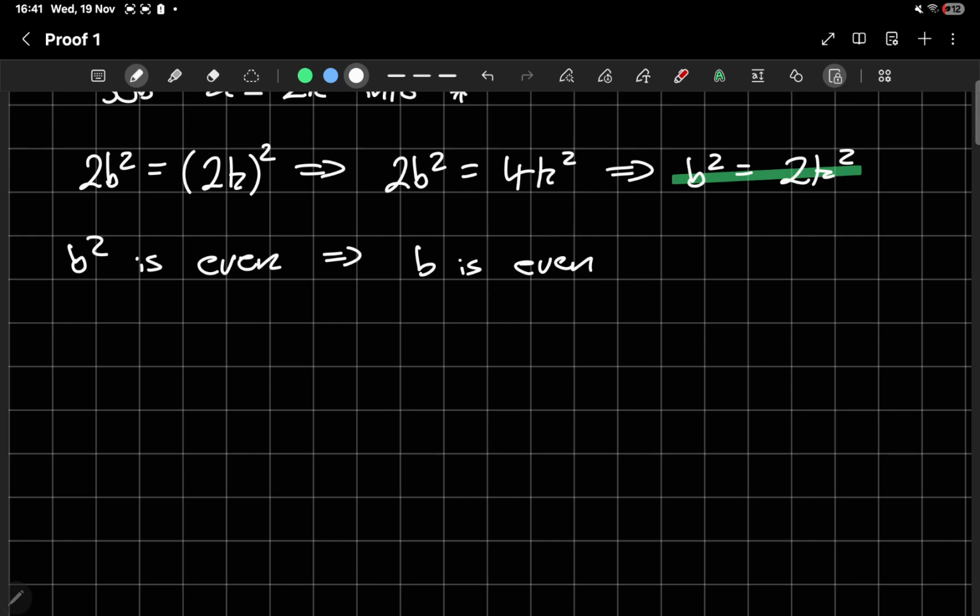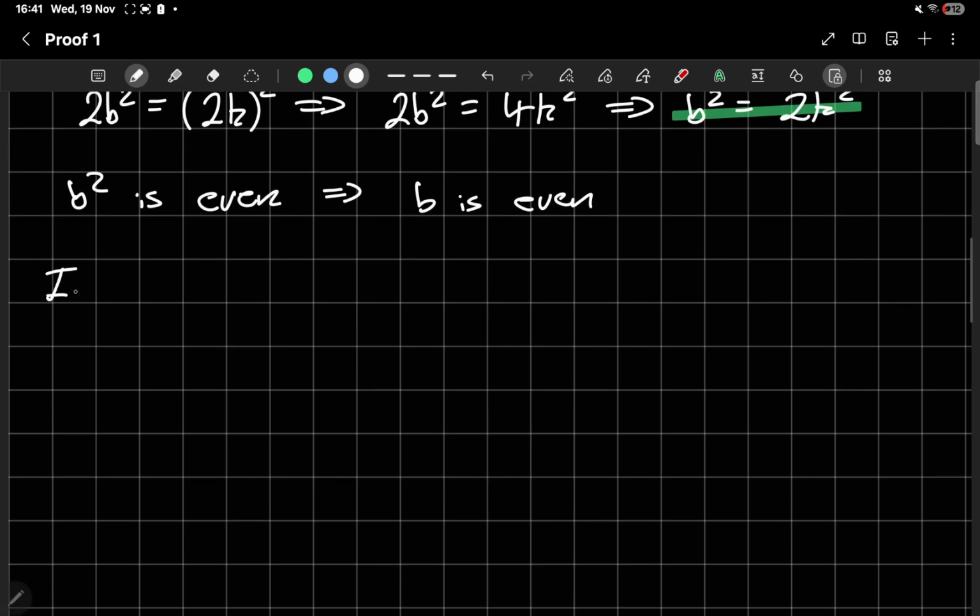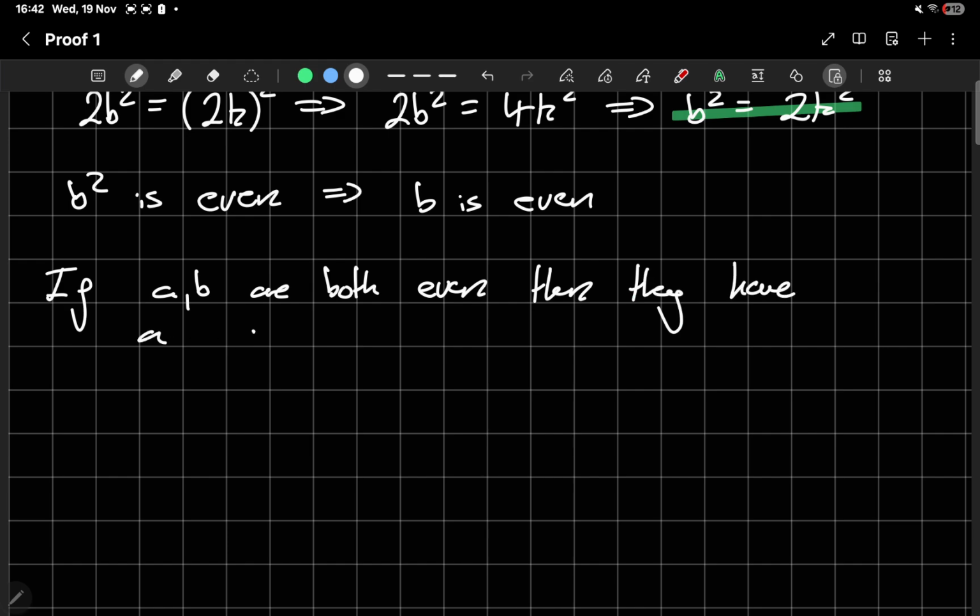And this is where our contradiction comes about, because if a and b are both even, then they have a common divisor of 2, right? Because if you're an even number, you can be divisible by 2. So both a is divisible by 2 and b is also divisible by 2.